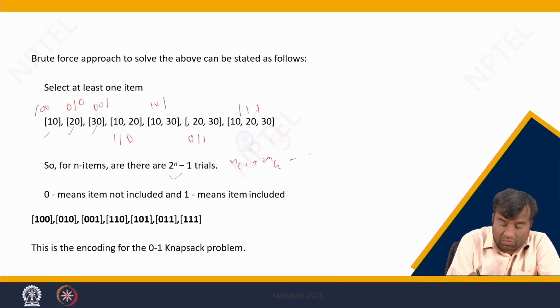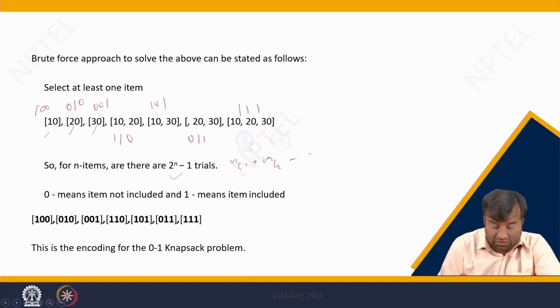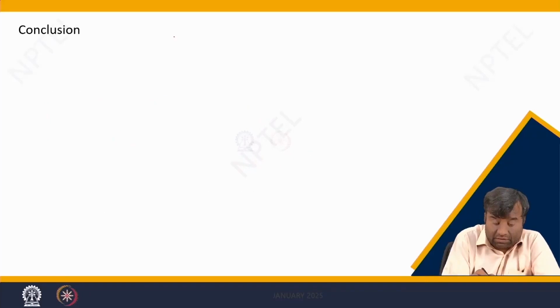Here all are selected, 1 1 1. So this is the encoding technique for the 0 1 knapsack problem. Then we can apply the genetic algorithm to get better solutions.